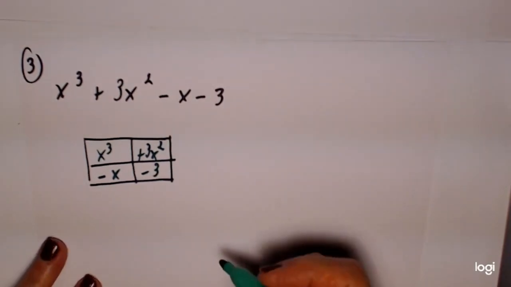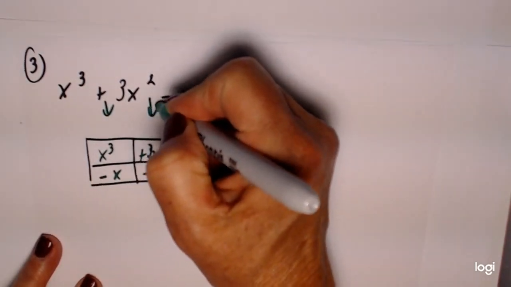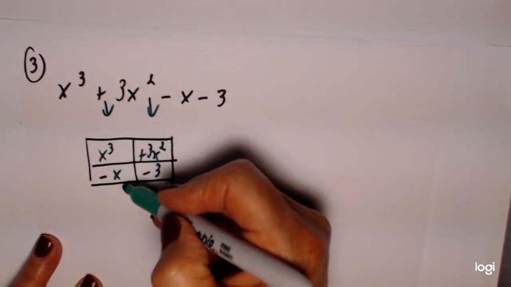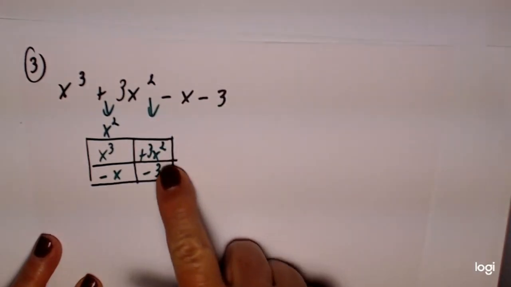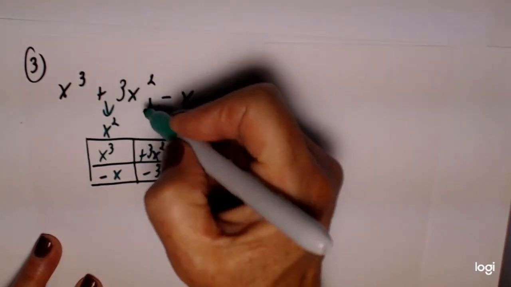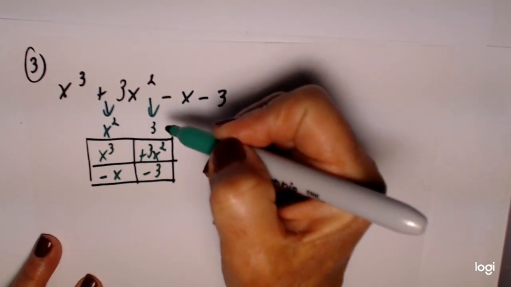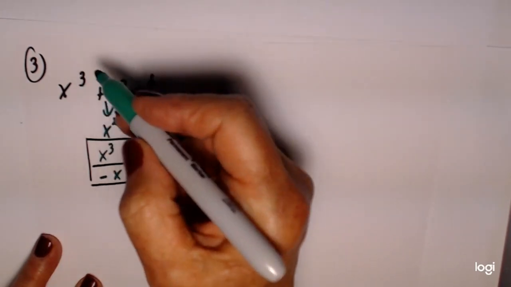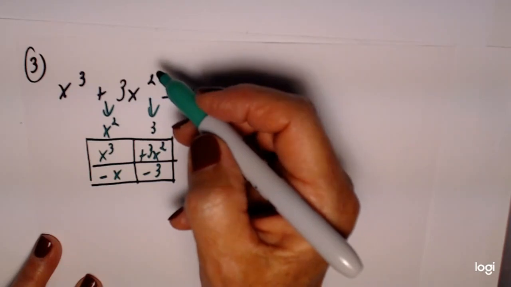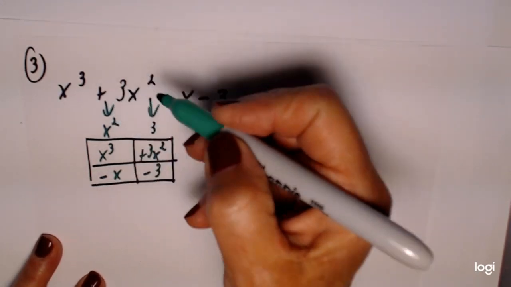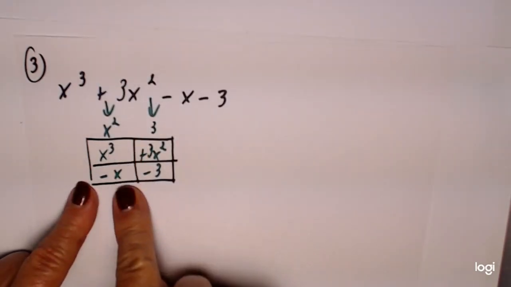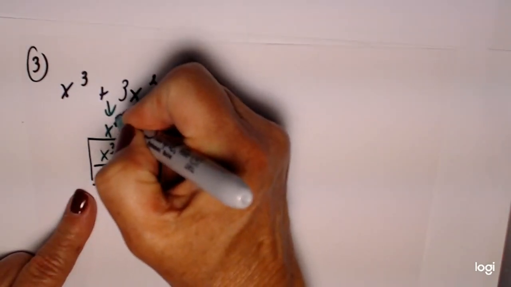And as before, greatest common factor going down. X cubed and x is x squared. 3x squared and 3, that would be 3. And now we have, whoops, this is not x squared, this is just x.